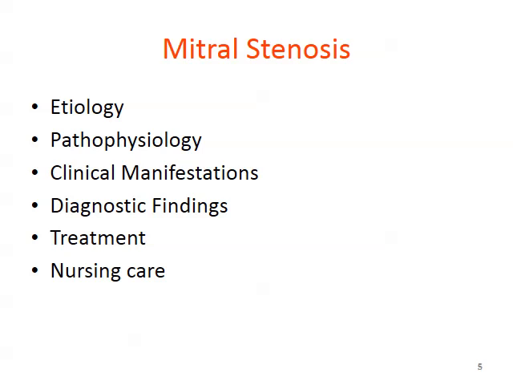Now, people with mitral valve stenosis are usually asymptomatic. As the valvular orifice narrows and the pressure in the lungs increases, the patient experiences dyspnea on exertion, orthopnea, and paroxysmal nocturnal dyspnea, or sudden dyspnea at night.